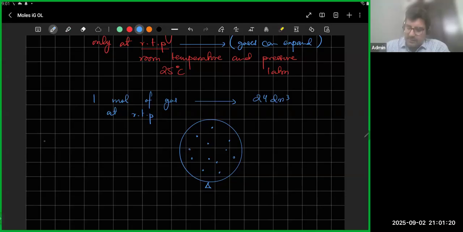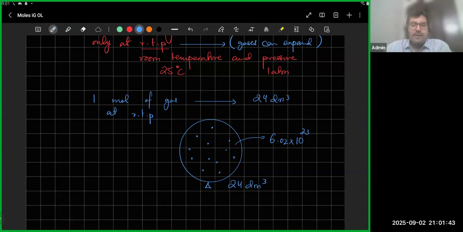That was 6.02 times 10 power 23, a huge number of atoms, right? So the balloon will have a size of 24 dm cube. 24 dm cube is 24 liters basically. It's like 24 Pepsi bottles stacked together.